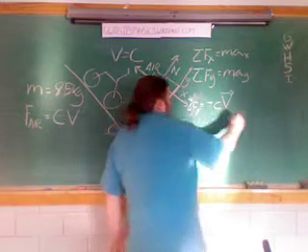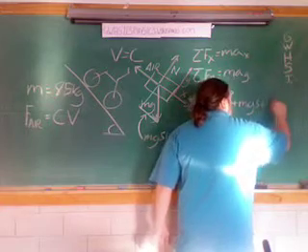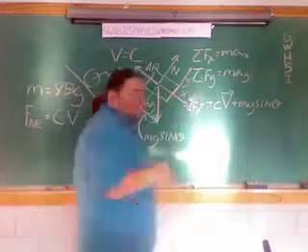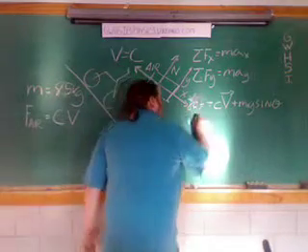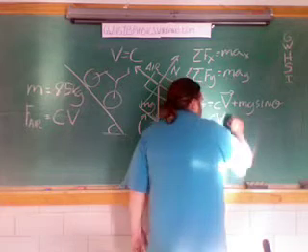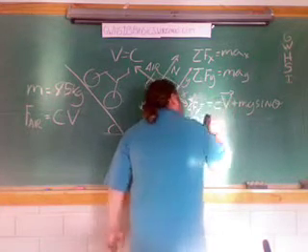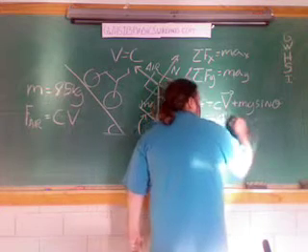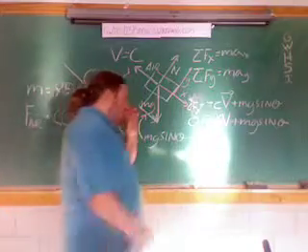theta. There's no acceleration, so this term goes to 0, and I'm left with 0 equal to negative the coefficient times the velocity plus mg sine theta.